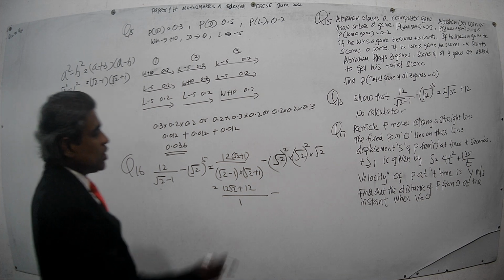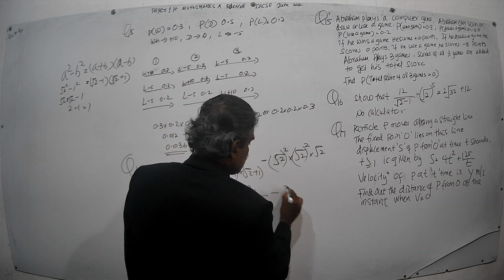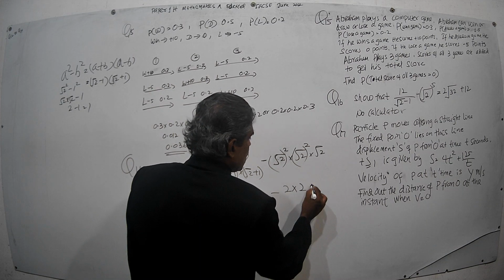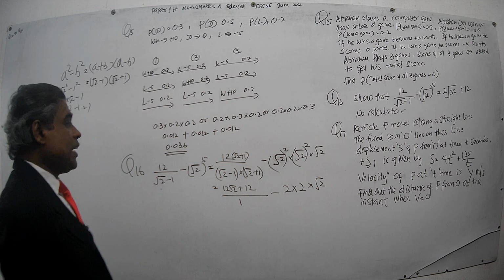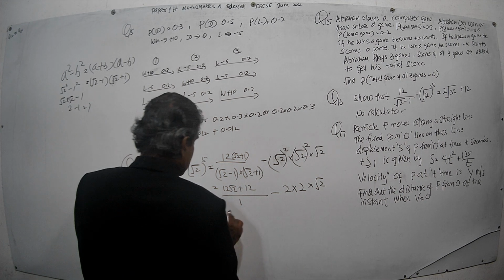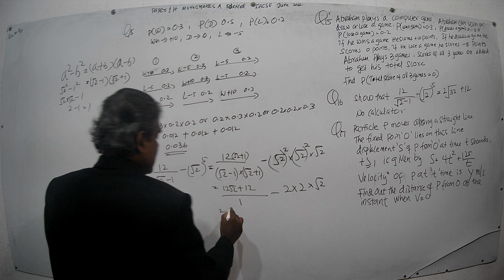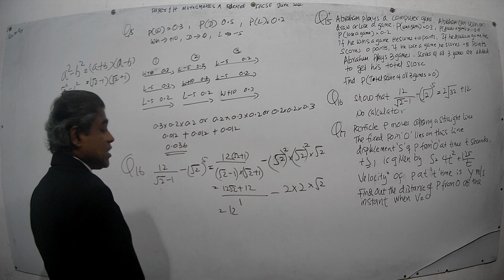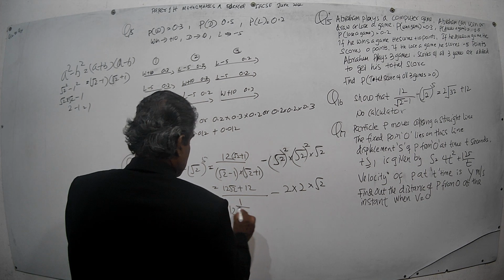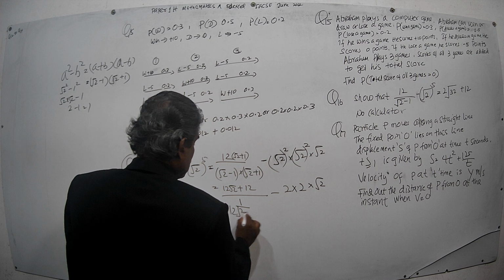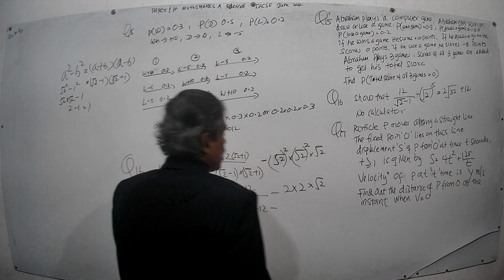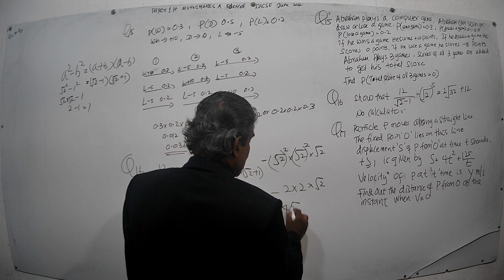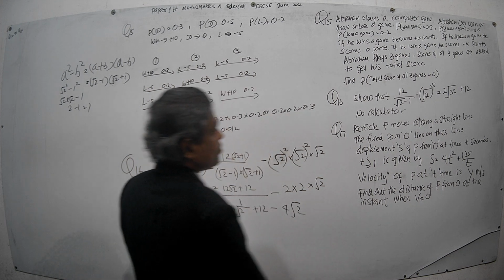Ultimately 2. Therefore, this is 2. This is also 2. 2 into 2 into square root 2. Then dividing by 1 is itself. It makes no change. Square root 2 plus 12 minus 2 times 2, 4 square root 2. Alright.